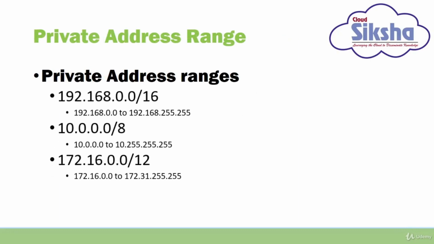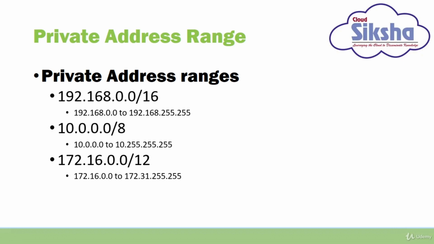Now, another thing that we also use within our data centers and also within the cloud when we build VPC is private addresses. The internet has designated private address ranges. This means that these addresses can be used within your company. They will not be visible outside to the internet. So in other words, you can use this range.